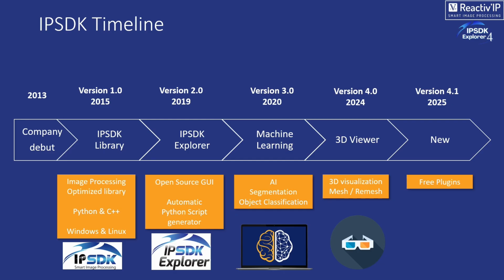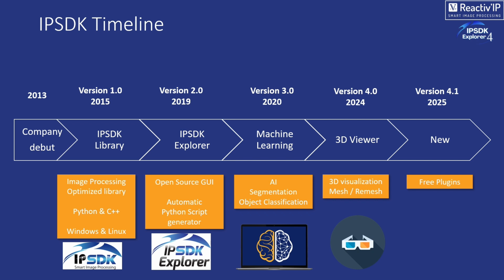This is a slide that I do like because with this slide, you can really see where we're coming from, where we want to go, and how we arrived at that position. 12 years ago, creation of the company, and it was 2 or 3 full years of development to propose the first version of the library.